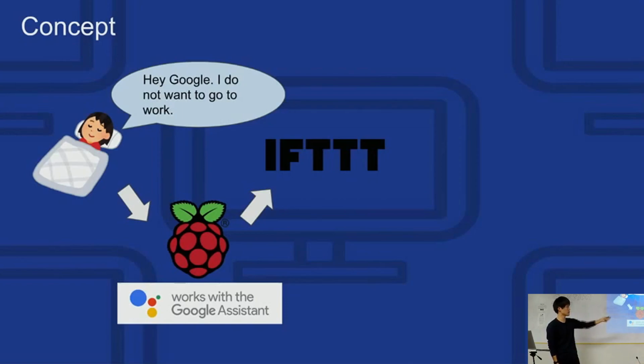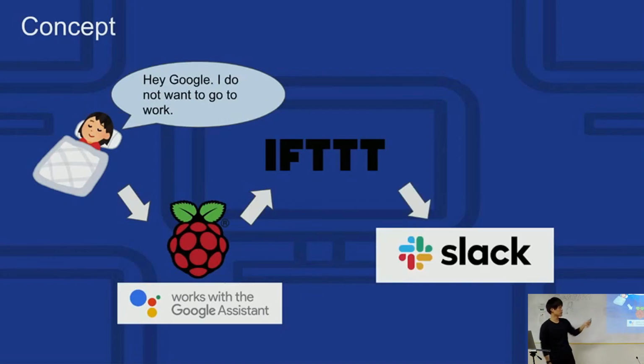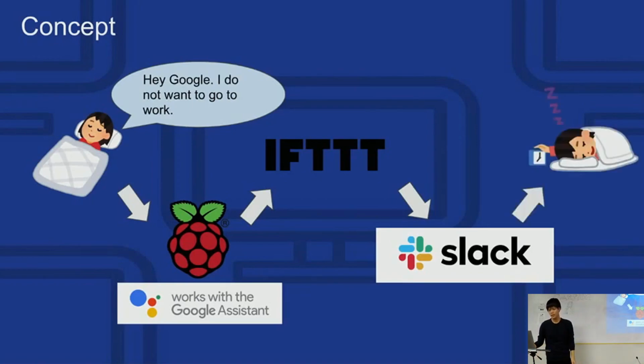But if you set IFTTT, IFTTT hooks this command and passes the command to Slack, and Slack posts a message to the channel. Yay! And you can fall asleep again. This is the concept.